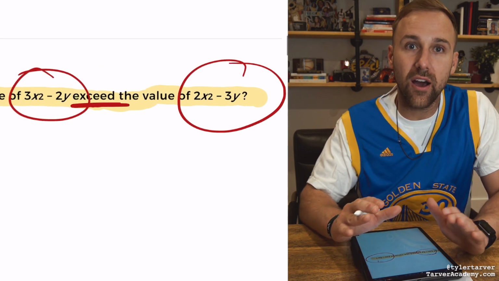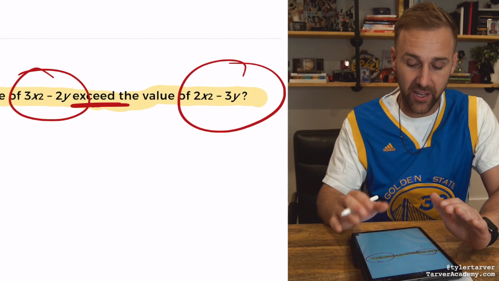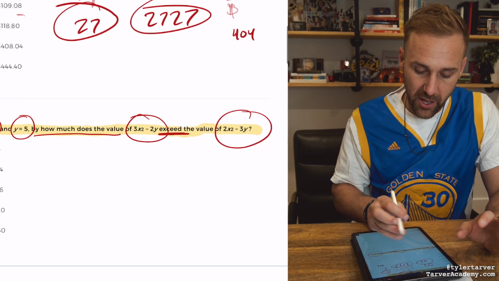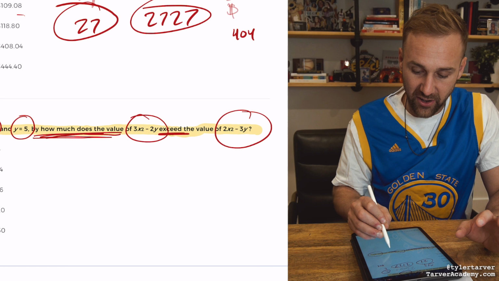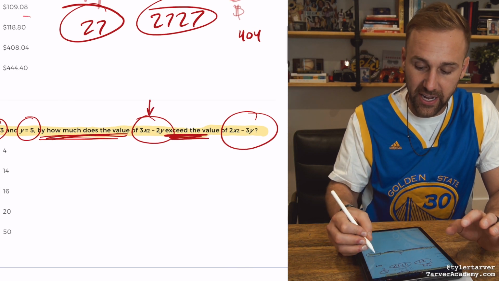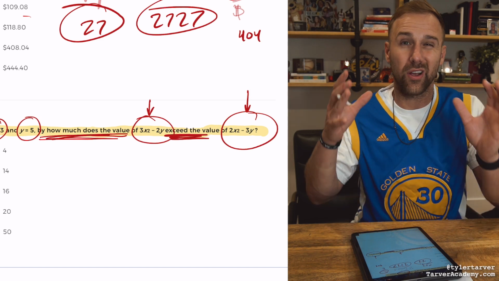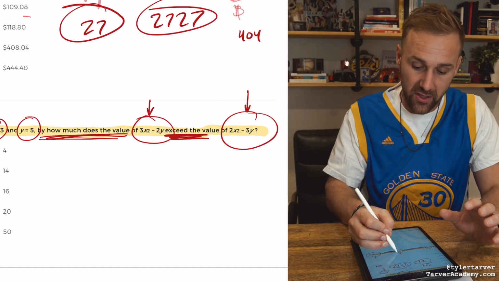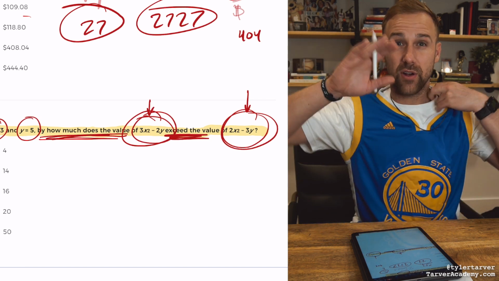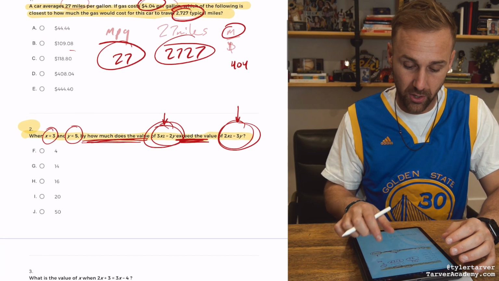Do not forget, after we get done with those two solvings, we need to find out by how much that value exceeds the other value. So this is not going to be a final answer. We're going to have to find out how much more this one is than this one. Keep that in mind before you start. So let's get started.